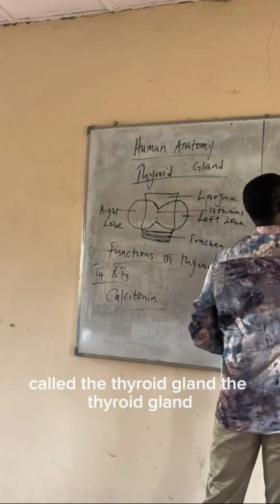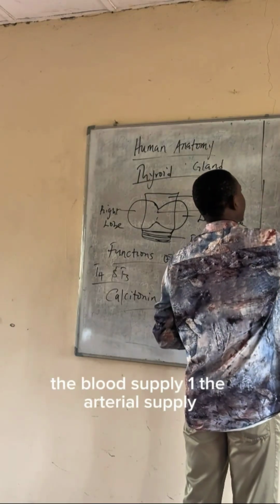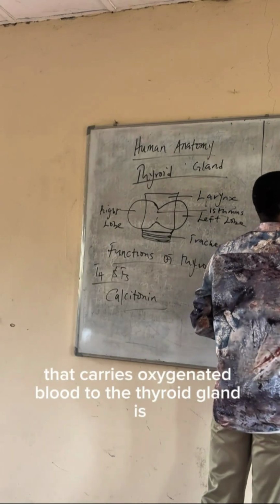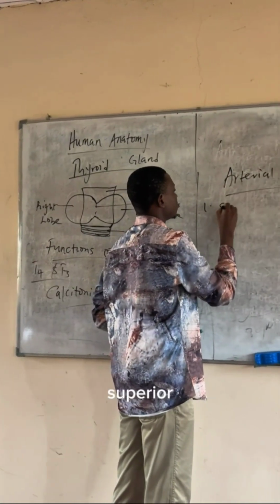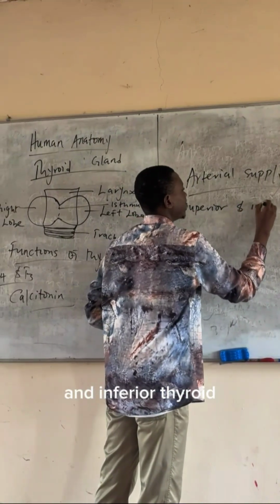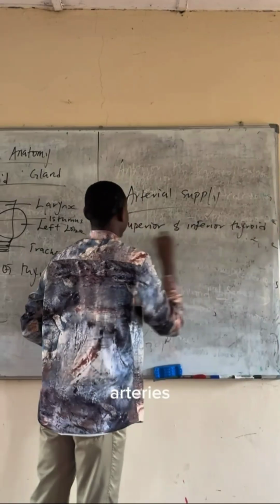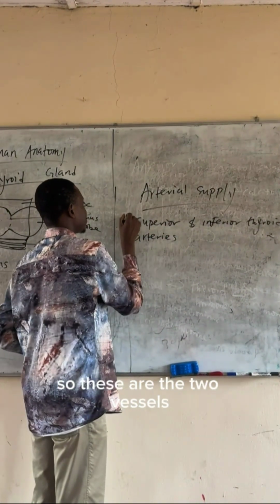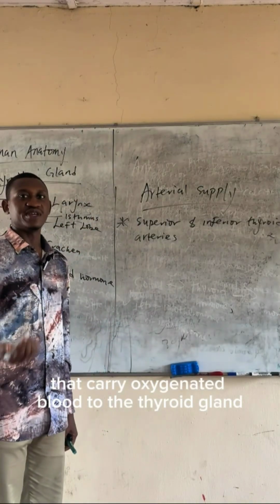What is the blood supply of the thyroid gland? The arterial supply, which carries oxygenated blood to the thyroid gland, is the superior and inferior thyroid arteries. These are the two vessels that carry oxygenated blood to the thyroid gland.